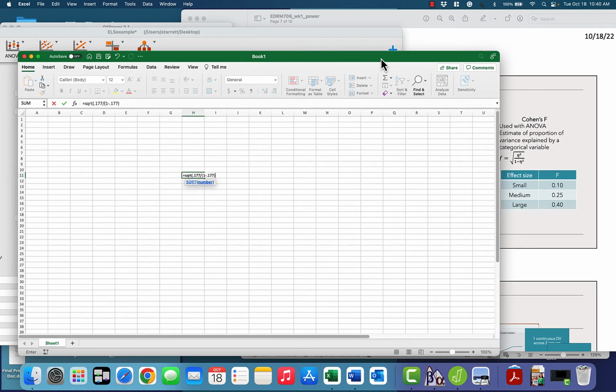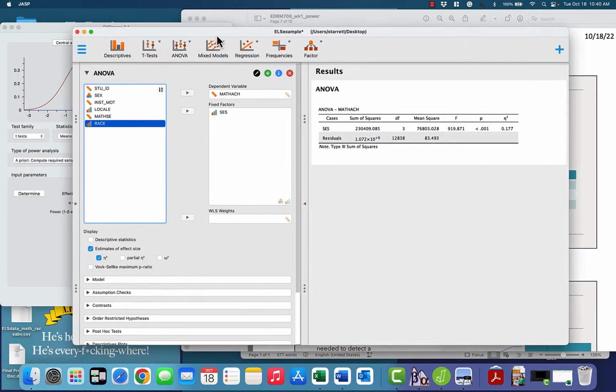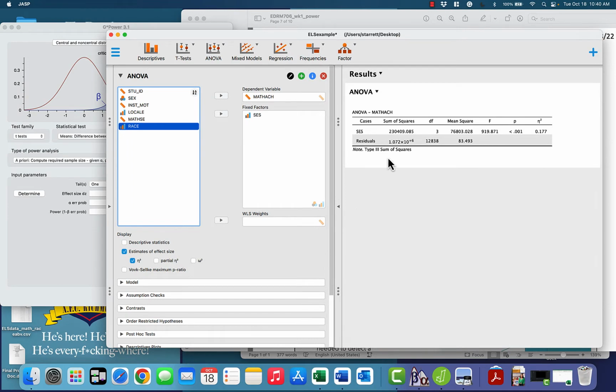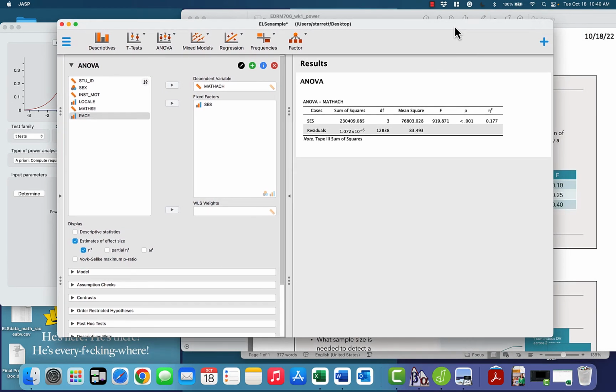And then I close the square root parentheses, and I get a Cohen's f of 0.46. Okay, and 0.46 would correspond to a large effect size. And so what that's saying in JASP, in this particular example, is that SES has a large effect on math achievement in 9th grade students across the U.S.